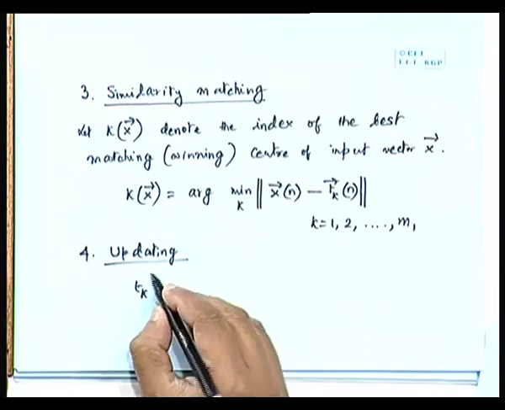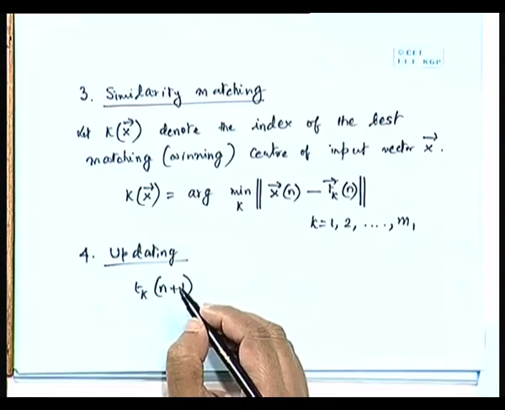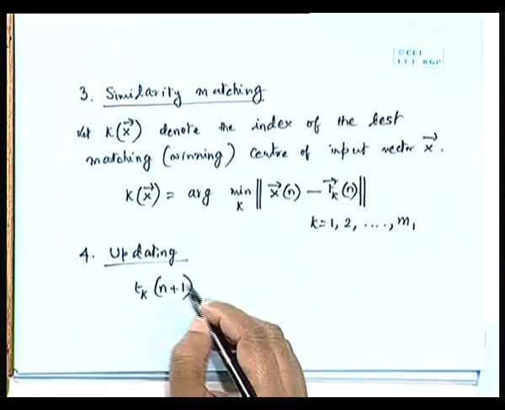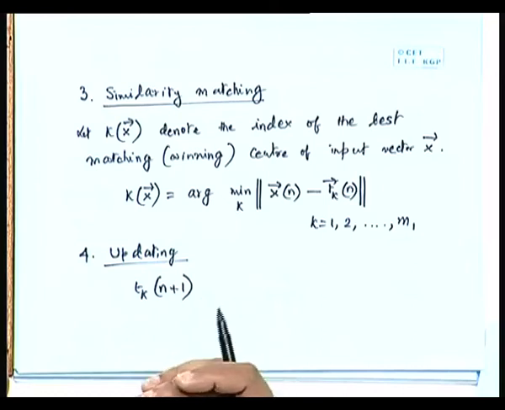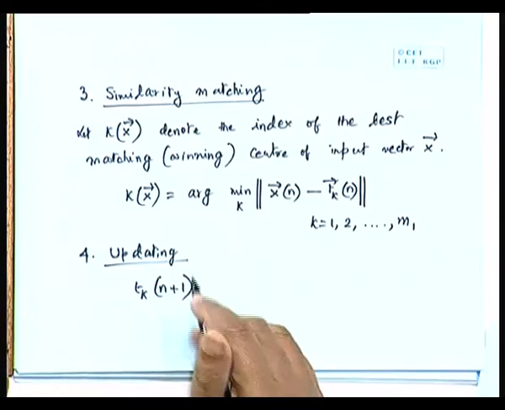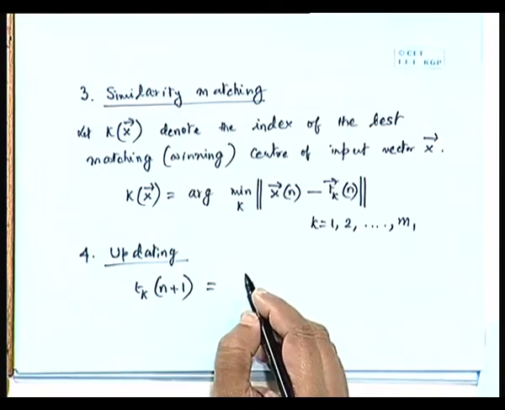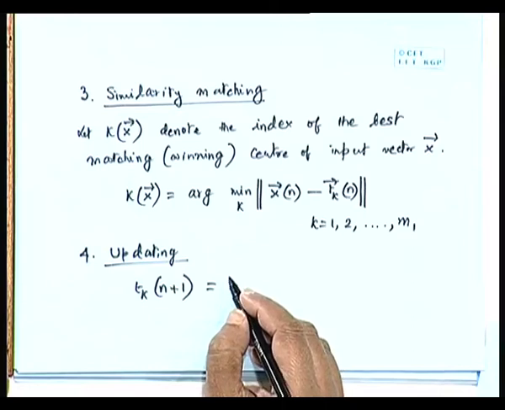So we have Tk(n+1), which is the updated center position. Tk(n) is the present center position and Tk(n+1) is going to be the updated center position.